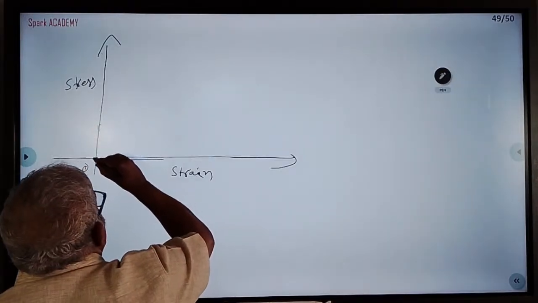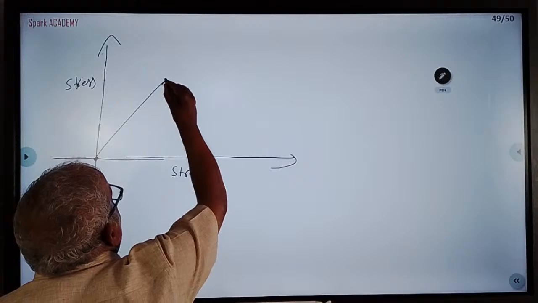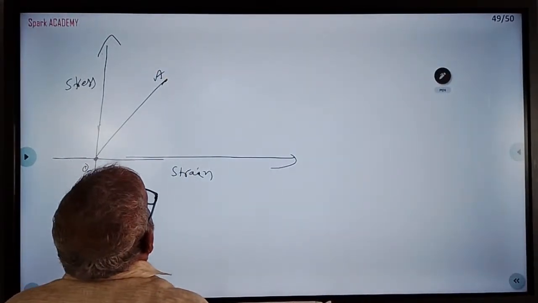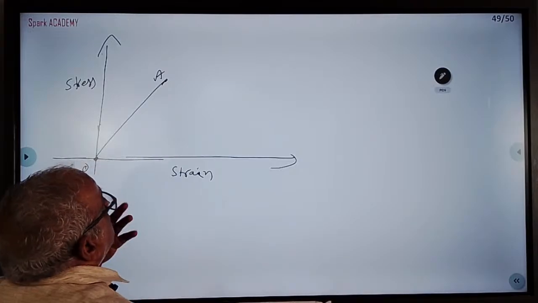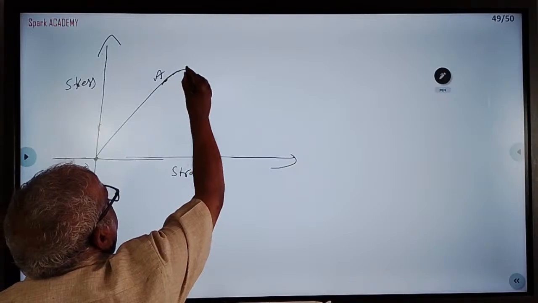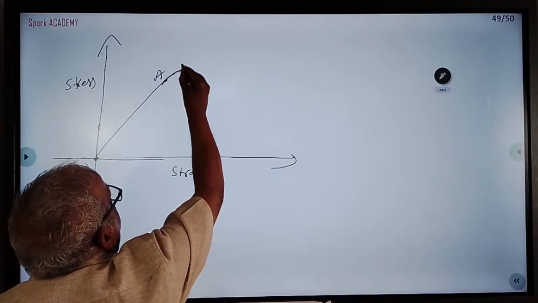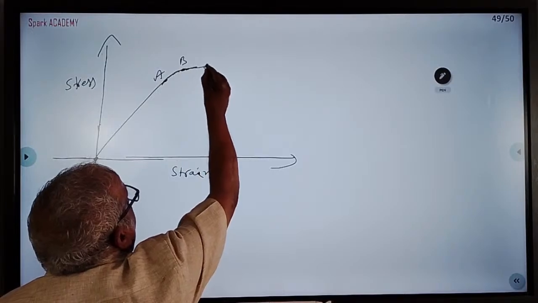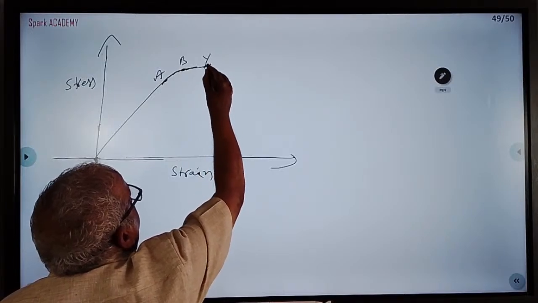First I will get a straight line graph. This is called the proportional limit. Thereafter it curves slightly. This is called the elastic limit. Thereafter you get the yield point.